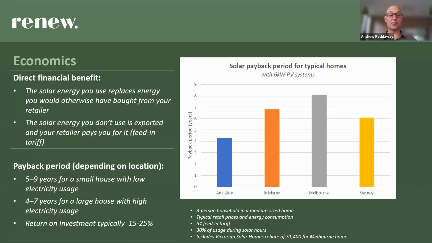So payback time, you could be looking at 4 to 7 years, or maybe 5 to 9 years. It depends on a lot of things. In this slide, it talks about small houses and large houses, but there's such a variety of electricity consumption out there. There are swimming pools, heated swimming pools. There's people with massive IT setups.